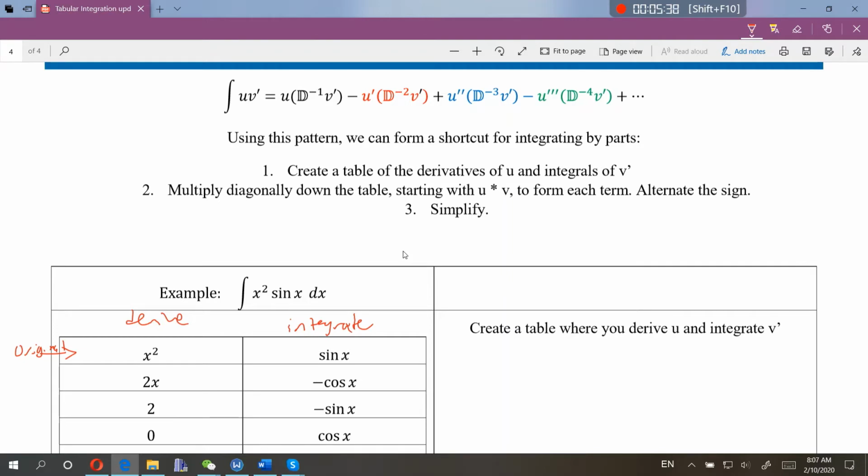Whatever you choose for v prime, you're going to integrate. So this is u, and this is v prime. This will be the first integral, the second integral, the third integral, etc. This is my first derivative, second derivative, third derivative.